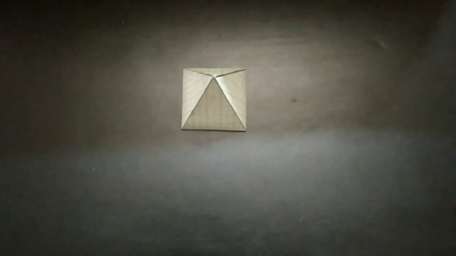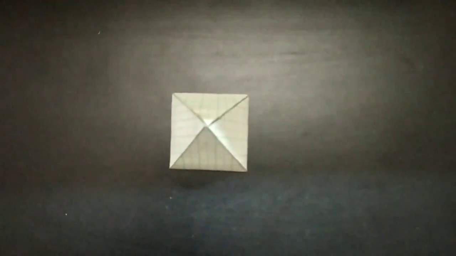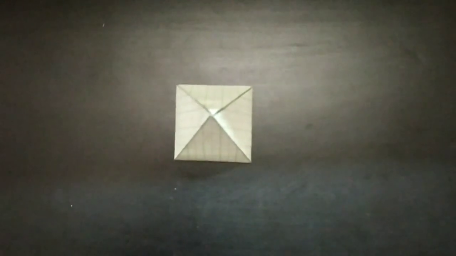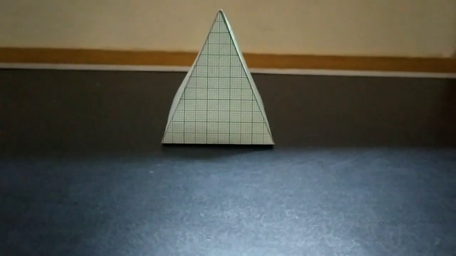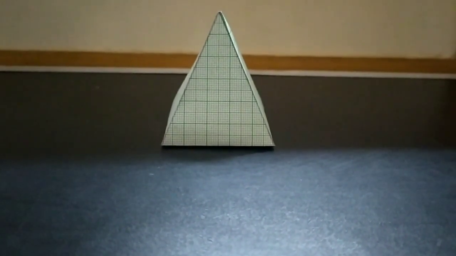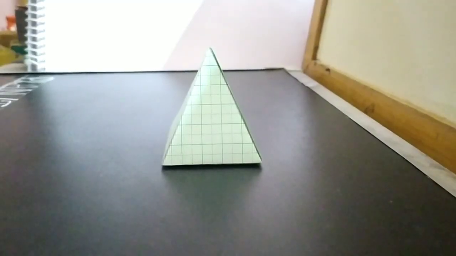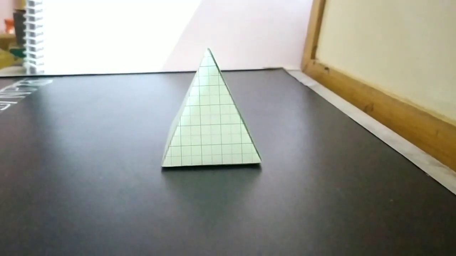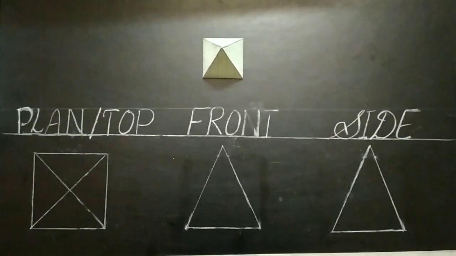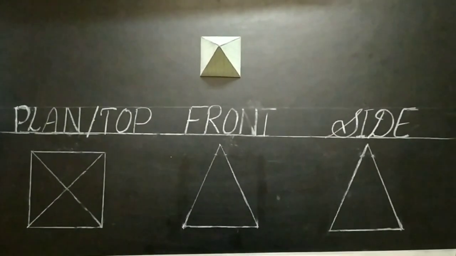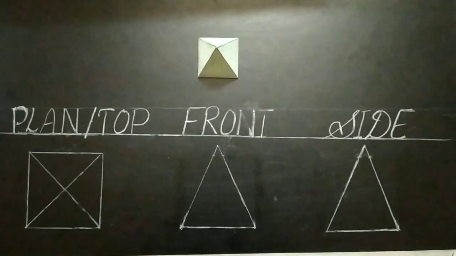Now we are going to discuss the square pyramid. This is the top or plan view of the pyramid, the front elevation or front view of the square pyramid, and this is the side view of the pyramid.